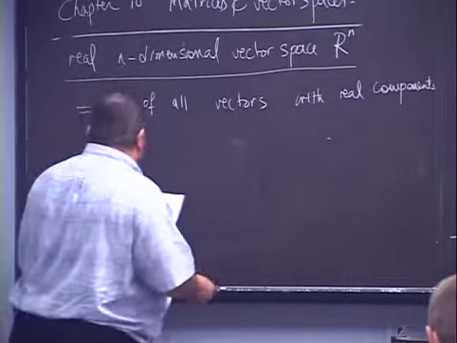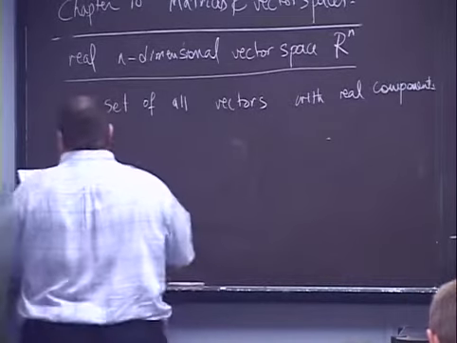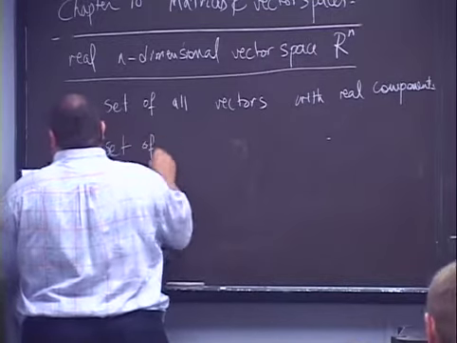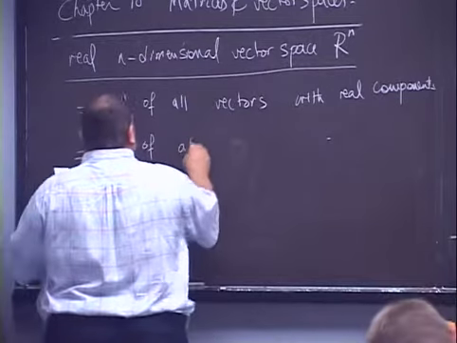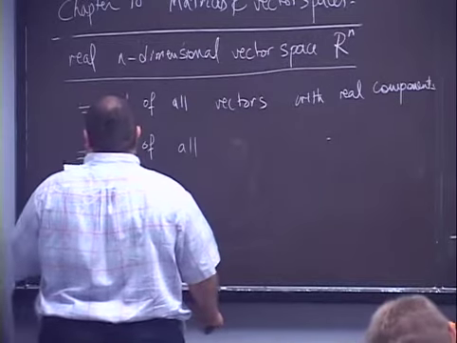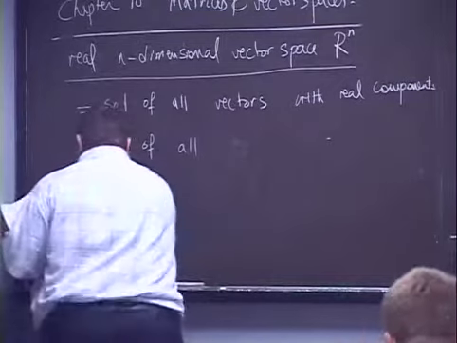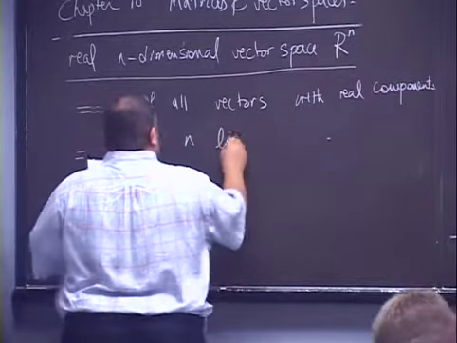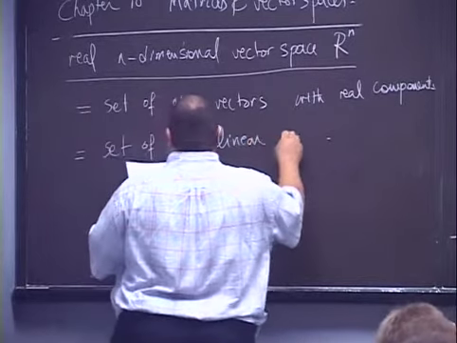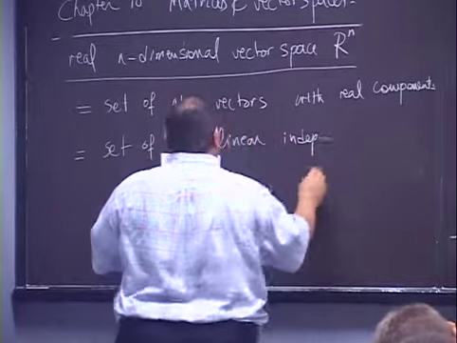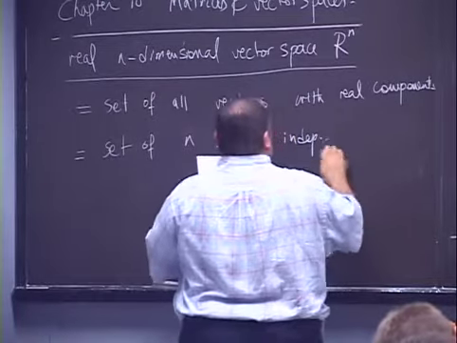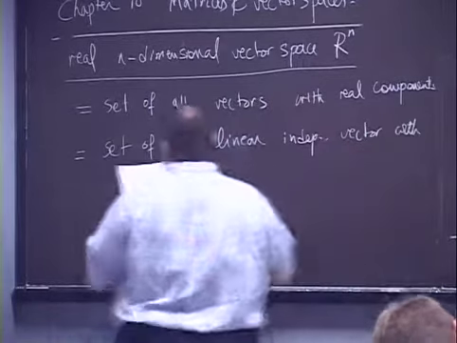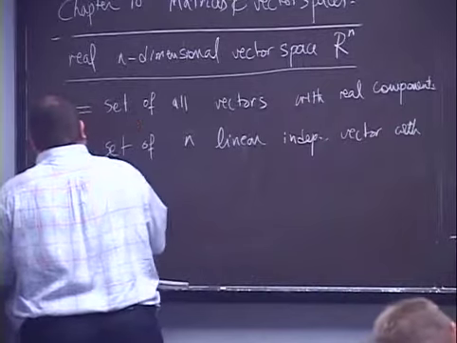So you have to verify that all of those exist. And also, we can define it as the set of all sets of n linearly independent vectors with real components.